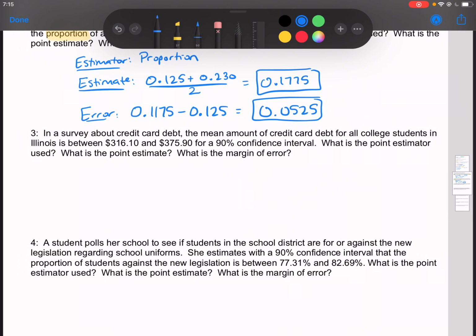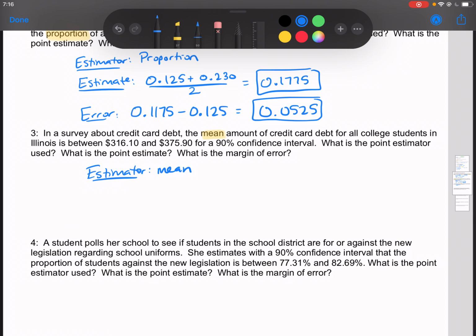All right, next one. In a survey about credit card debt, the mean, that's important, the mean amount of credit card debt for all college students in Illinois is between $316.10 and $375.90 for a 90% confidence interval. So let's go to estimator. I already highlighted the estimator because the type of statistic that we're using in this case is a mean.